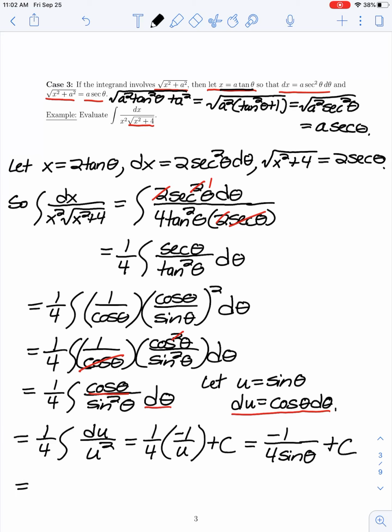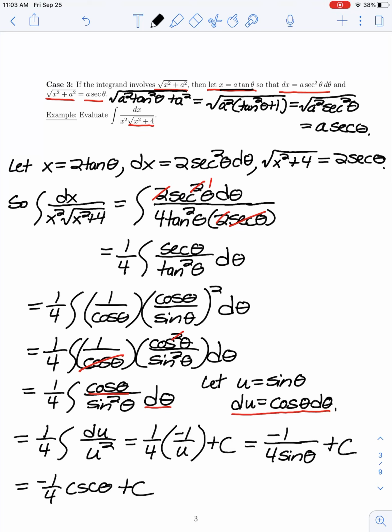Or if we prefer, we could rewrite this as negative 1/4, and 1 over sine theta is the same as cosecant theta, plus c. So whichever way we prefer to write this. Now in our final step, we need to move back to an answer in terms of x.